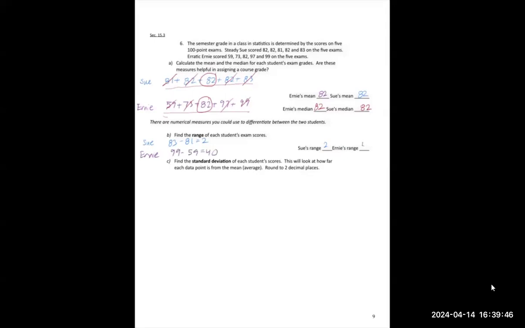So what the range is telling you is it's one number that helps us figure out how far apart the data values are, how spread out his test scores were. And now the standard deviation is another number that also does the same thing, that shows us how well spread out the data is. So let's look back here.